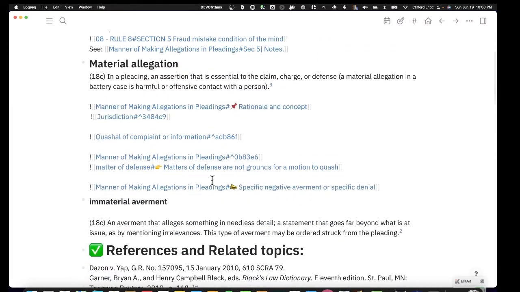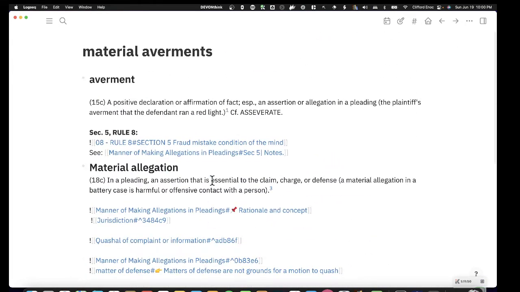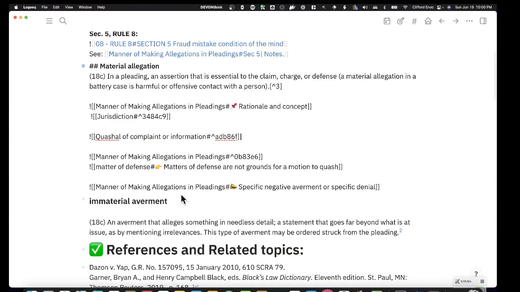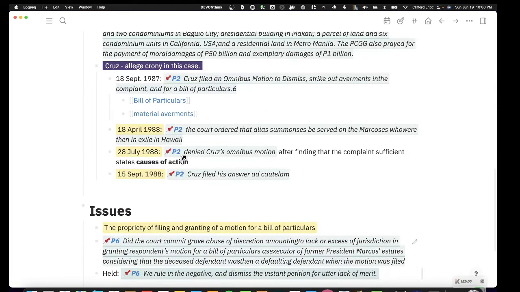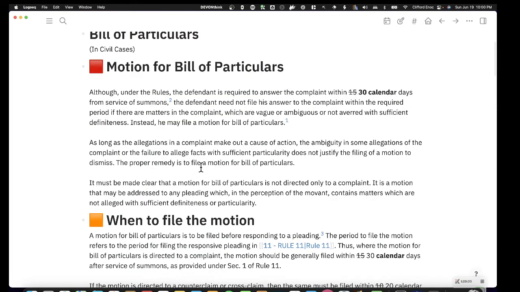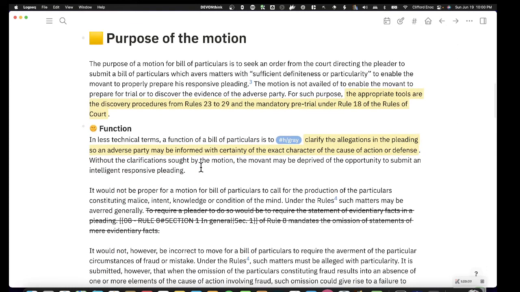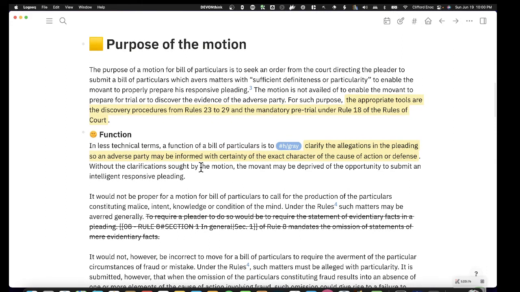Kasi yung material averments, no, yung tinatawag diyan, you can strike out averments or pag hindi malinaw, yung bill of particulars, you can file a motion for bill of particulars.